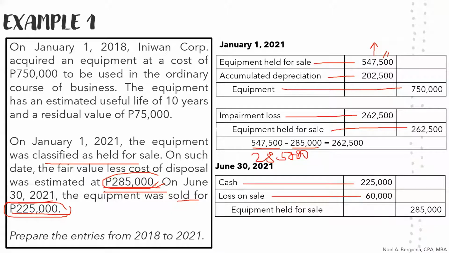That was the cash received and the fair value less cost to sell in January 1, 2021, which was being credited now in the entry natin as credit to equipment held for sale na 285,000. Okay, so there is an additional loss because we have a lower selling price compared with our current recording amount for the non-current assets held for sale, which is the fair value.